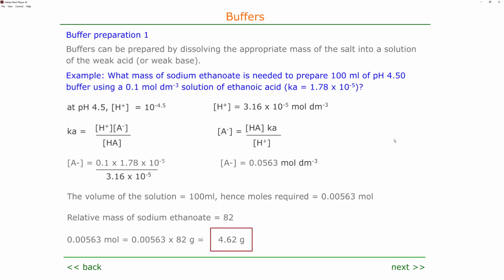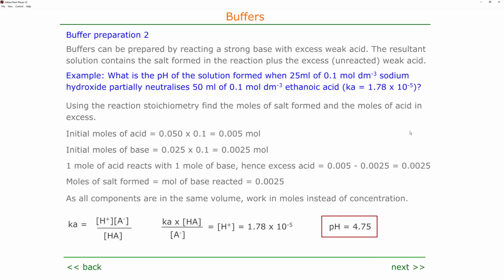Making buffers, well, we can prepare buffers simply by adding the two components. We can add sodium ethanoate to ethanoic acid. That's one of the ways of making buffers. Again, you can pause the video, you can look at the calculation here to see how to work out how much sodium ethanoate you would have to add to ethanoic acid to get the target pH. And this is the second way. This way is very popular with examiners.